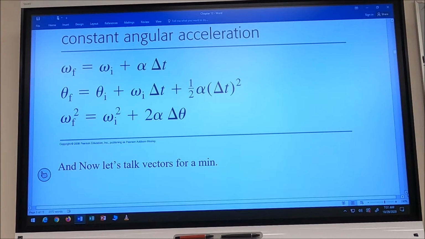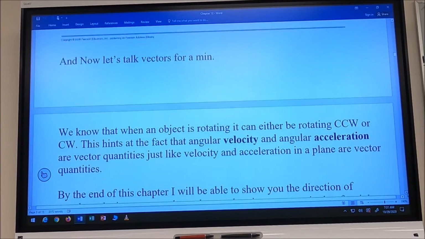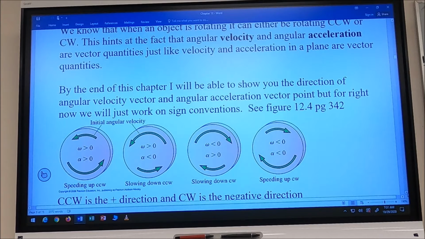Table 12.1 here just reminds you the relationship between angular velocity, final and initial, when we have an acceleration. Those are identical to the equations that we saw for linear motion. All right, now, I've hinted at this earlier that for objects moving along a circular pathway, we have a counterclockwise direction and we have a clockwise direction.